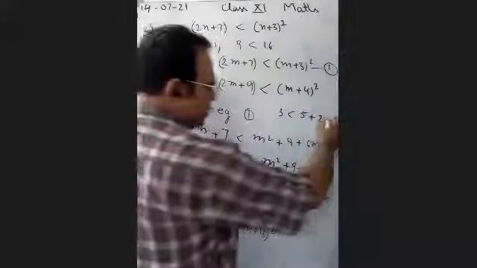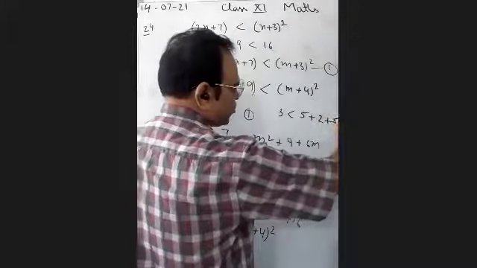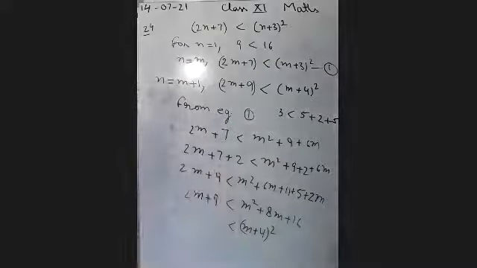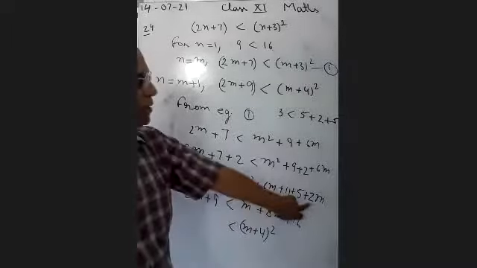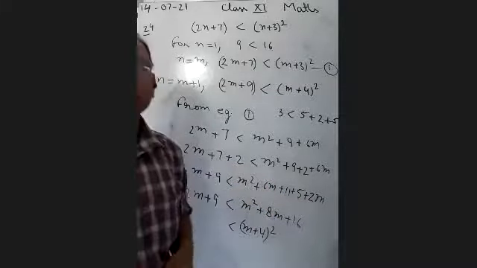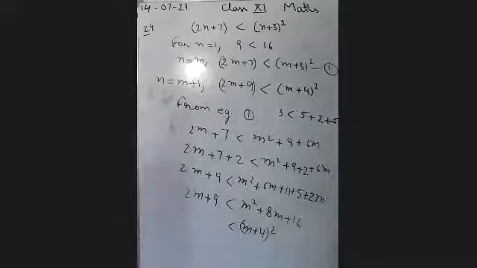If you add 5m, there will not be any problem if m is a non-negative number. It should be positive. That's why we have added 2m here, so the inequality will not get changed. So this exercise has been completed now.